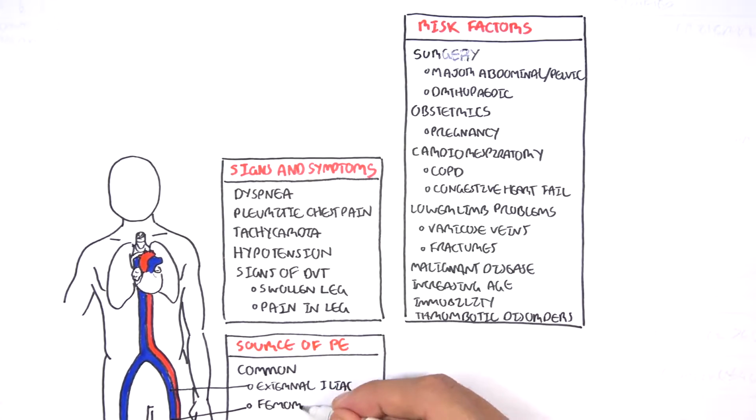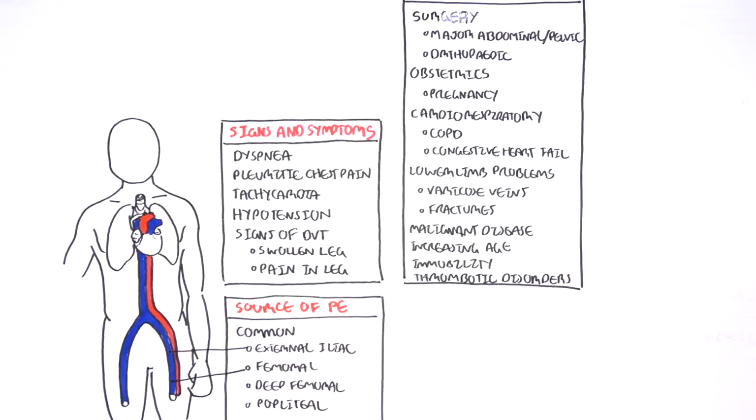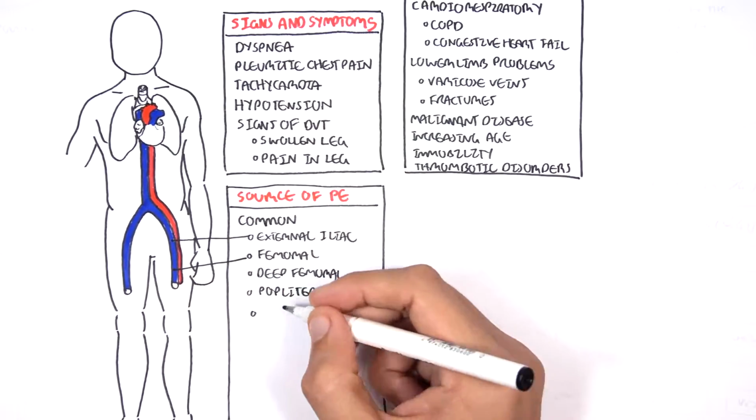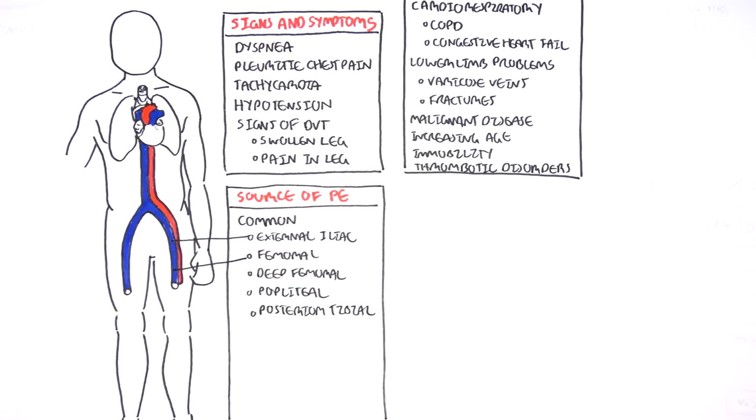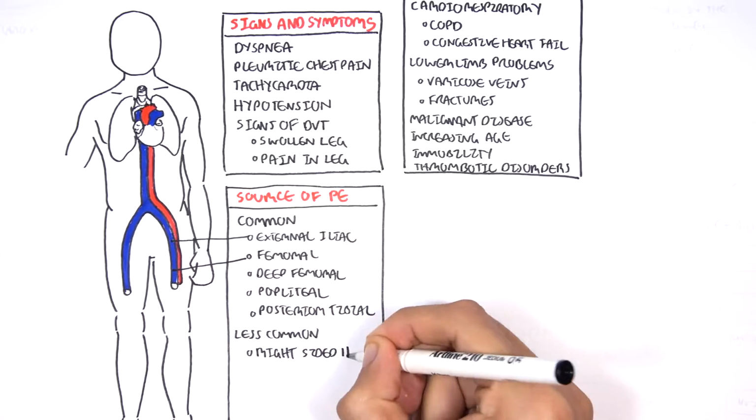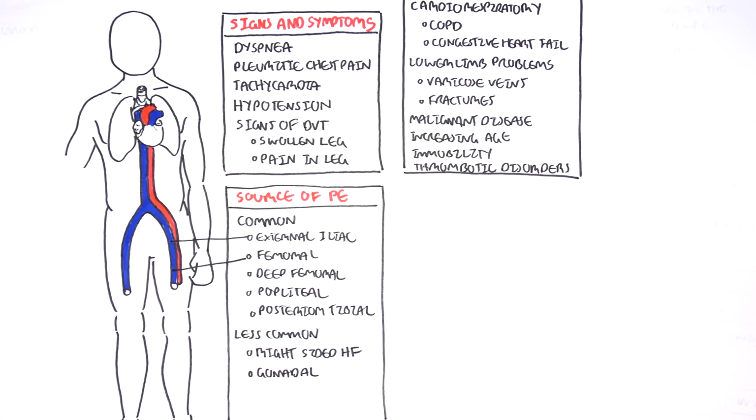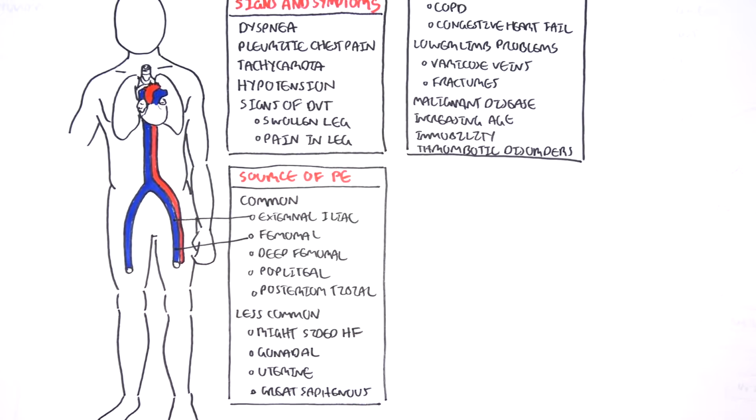The common ones are your external iliac vein, your femoral vein, your deep femoral vein, your popliteal vein, your posterior tibial vein. And then the less common sites where thrombi can occur and lodge into the lungs are the right side of the heart, gonadal veins, uterine veins, and your great saphenous.